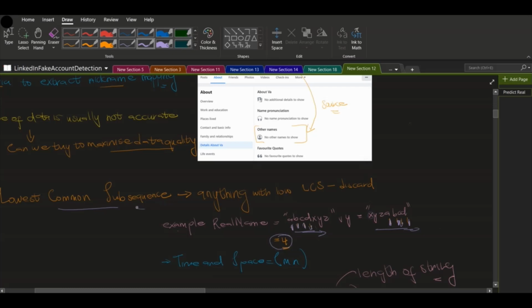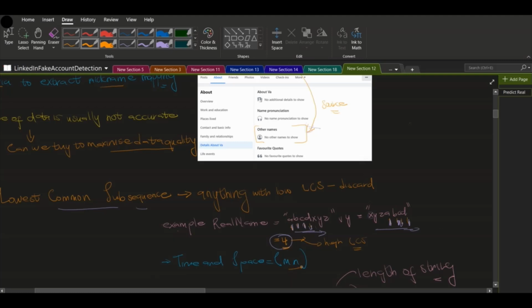So why am I doing this? I'm doing this because all the data that we're going to collect, we're probably going to have to run it through this algorithm so that we can make sure we keep the ones with a higher LCS score. This is going to make sure that at least we have nicknames that have some sort of pattern.